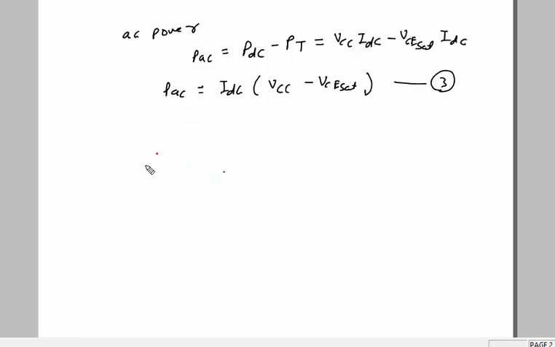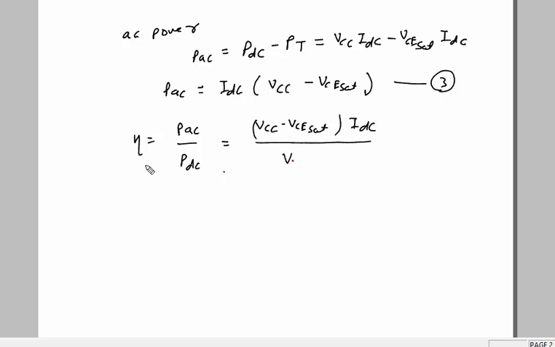Now, what is the efficiency? The efficiency is given by definition as eta equals PAC by PDC, which equals (VCC minus VCE sat) into IDC, which is PAC, divided by VCC into IDC, which is PDC.